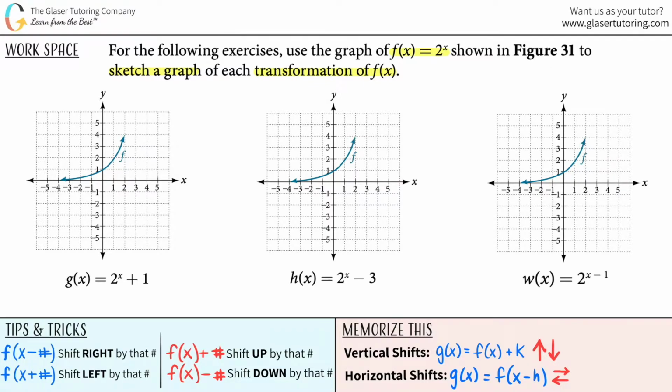So with the first one, g of x equals 2 to the x plus 1, I have to figure out if it's a vertical shift or a horizontal shift. The tips and tricks method over down here, just notice where the numbers that you're adding are. I'm going to put the original up here. The original was 2 to the x, right? And this was f of x.